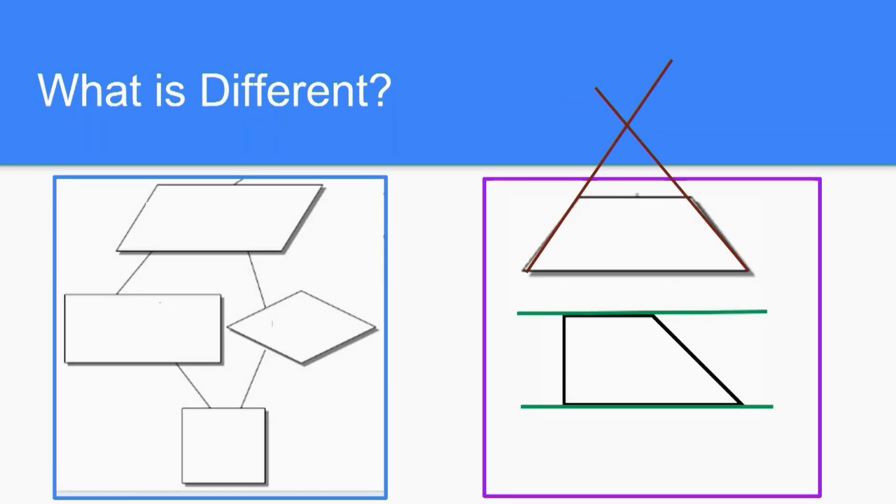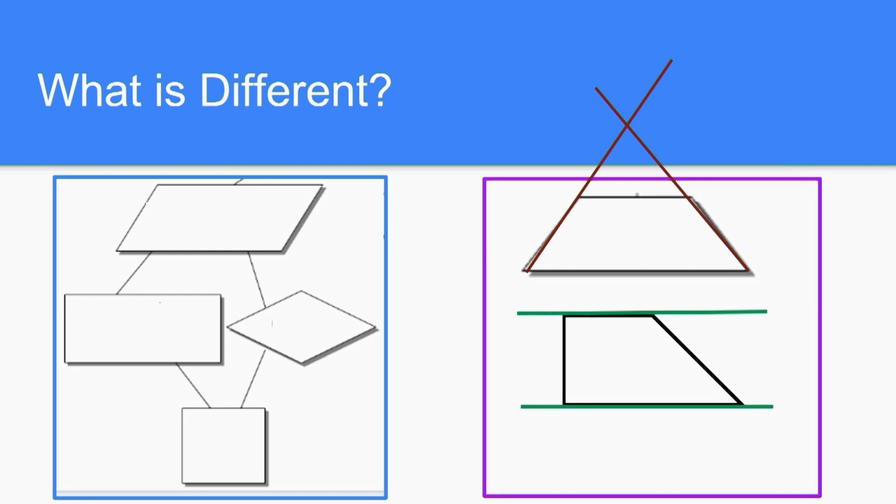Let's return to our shapes and think about what is different. The shapes in the purple box are called trapezoids. Trapezoids have one set of lines that are not parallel.